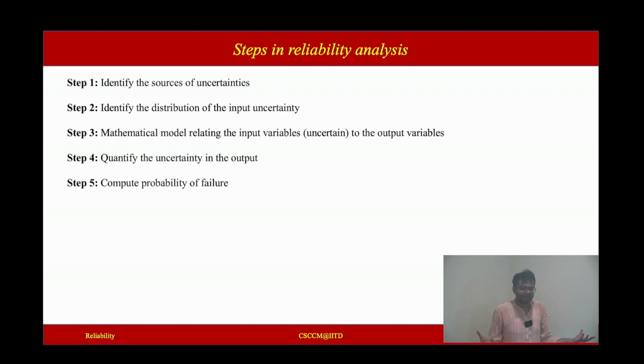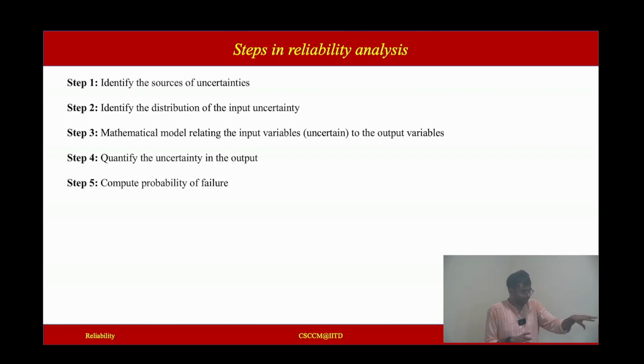Think of a cantilever beam. The load it will experience can be uncertain, the elastic modulus can be uncertain, the area or cross section can be uncertain. So these are your input uncertainties. You find their PDFs. Now, I want to calculate the bending moment and the deflection. Let us say only deflection for now.